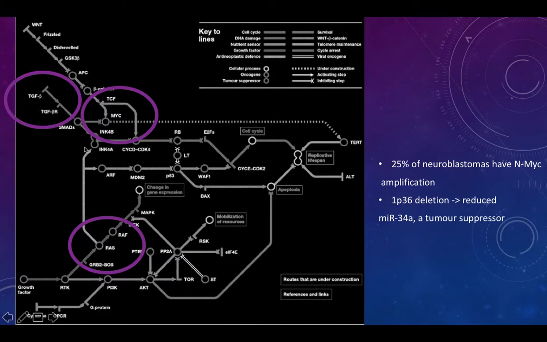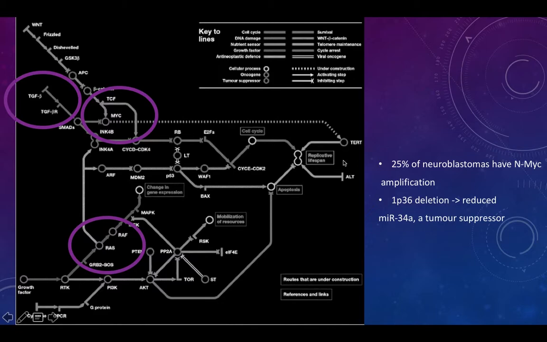It activates SMADs, which then can activate MYC. N-MYC amplification is associated with the upregulation or downregulation of certain microRNAs that then result in the aberrant cell cycle. I will explain the pathology of MYC in the next slide.